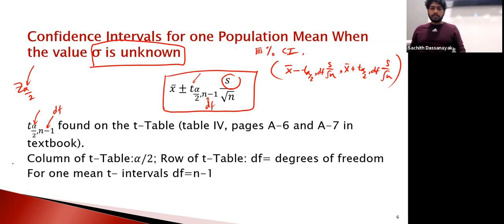I think I explained this one. Columns mention the t alpha over 2 and rows the degrees of freedom. Same way you use the t table as the c table. The only difference is this guy and this degrees of freedom.